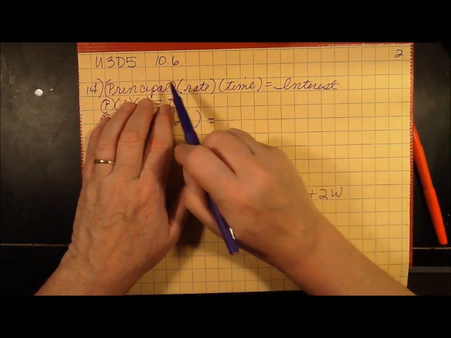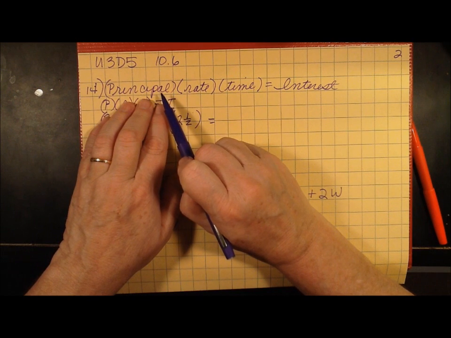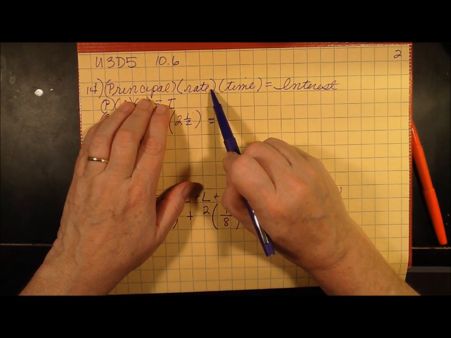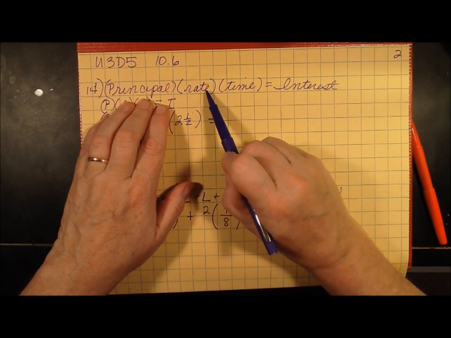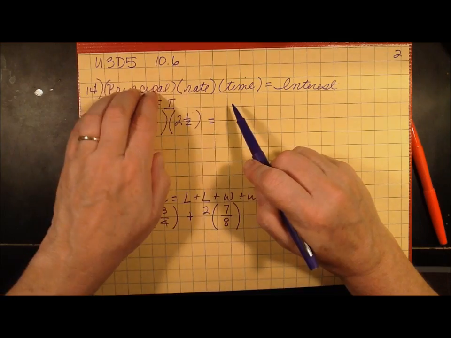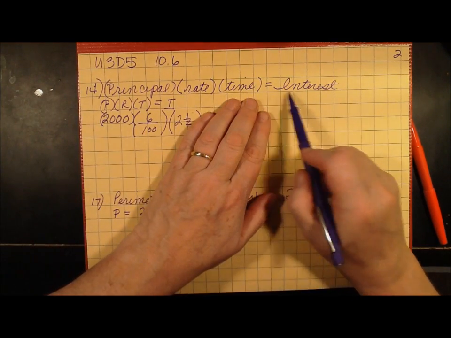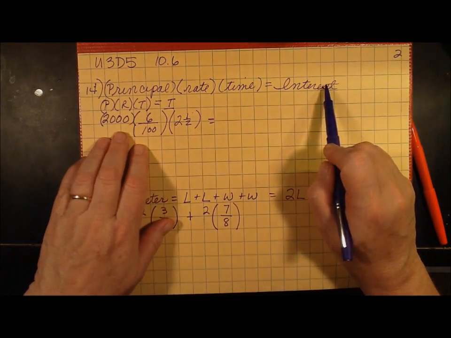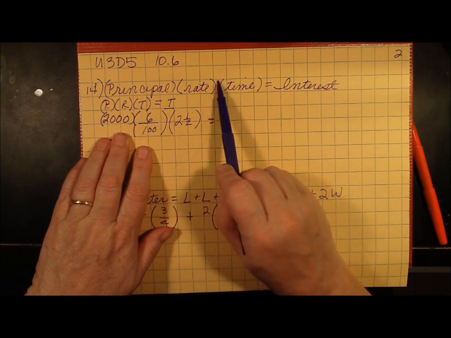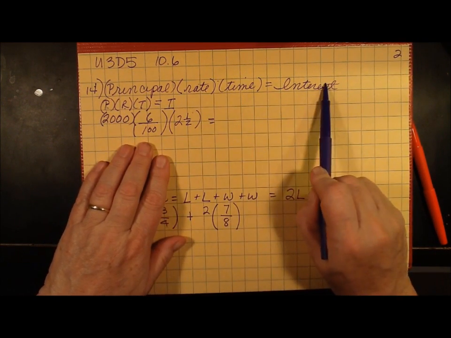So I could take out a home loan for, let's say, $100,000 and pay an interest rate of 7% and have a 30-year mortgage. So that's what principal times rate times time will give you the interest. We talk about that as P for principal, R for rate, T for time gives us I for interest.